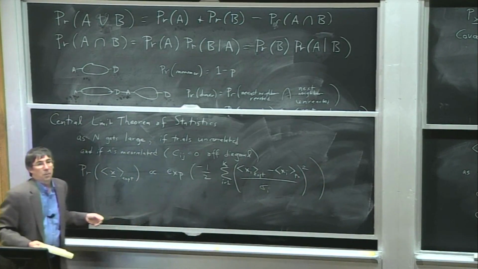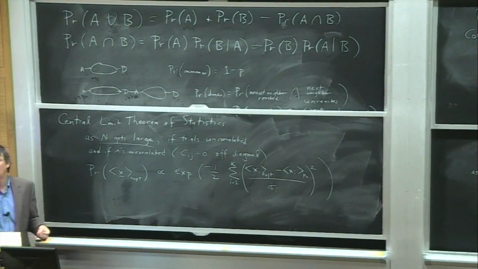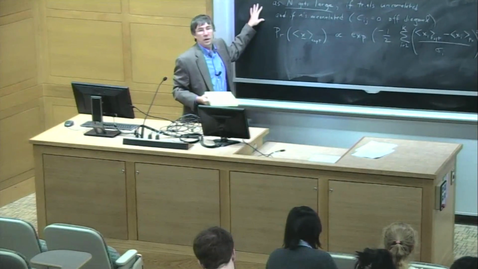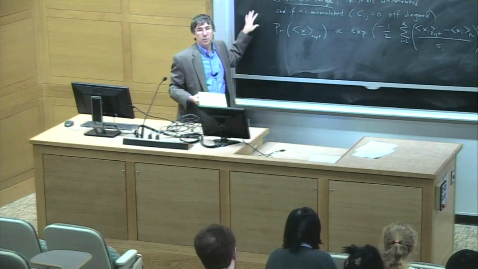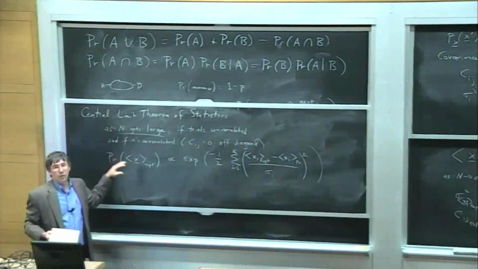All right? So this is only true as n gets very large. I don't specify exactly how large it has to be. But it's true for any px, any probability distribution function. So everything becomes a bell curve if you look at the averages.